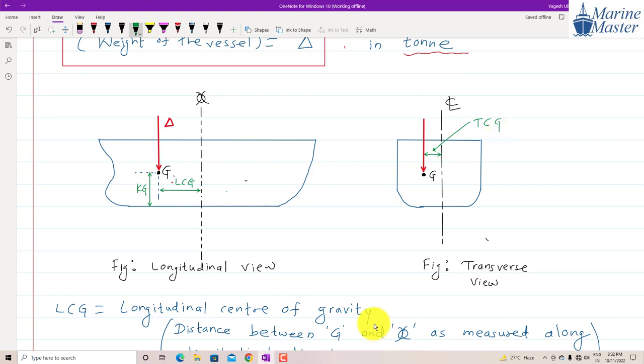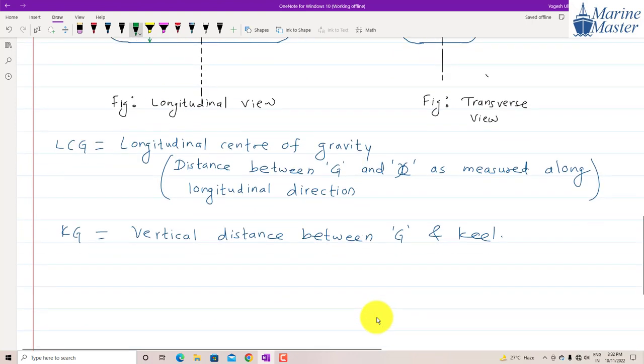TCG stands for transverse center of gravity. What is the meaning of TCG, guys?